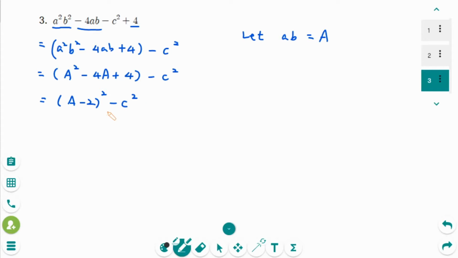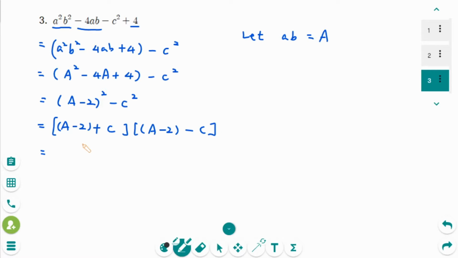This is the difference of squares. So this is a part, b part, or first part, second part. So we can rewrite as first part plus the second part, and then first part minus the second part.